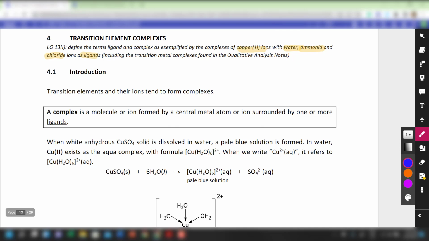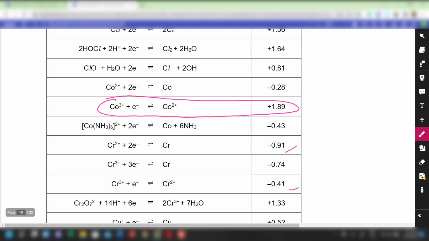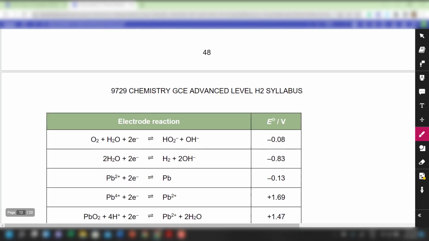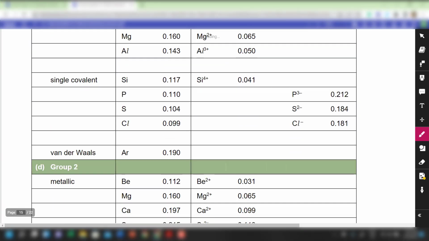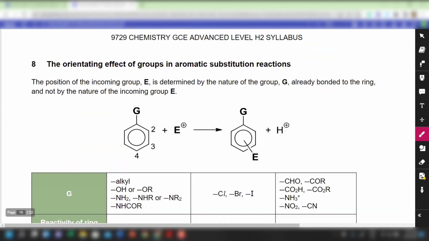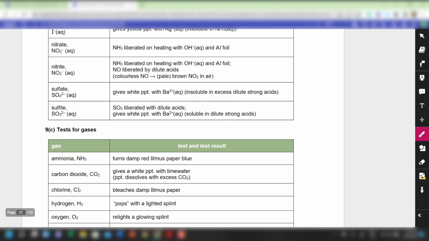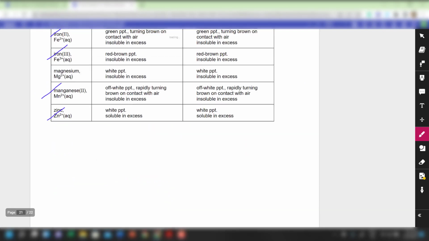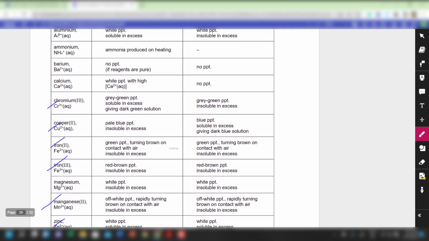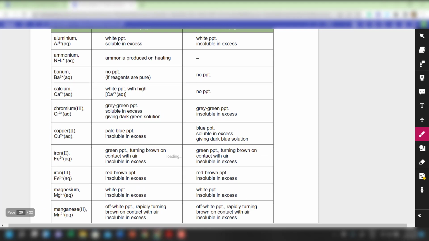So what do I mean by transition metal complexes found in the QA notes? For example, in your QA notes over here, just look at the QA portion. You were given, for example, some of the unknowns, like chromium 3 plus, the gray-green precipitate will be soluble in excess sodium hydroxide to give you a dark green solution.